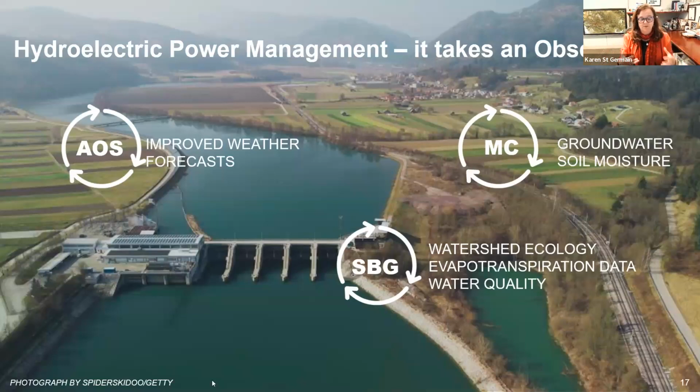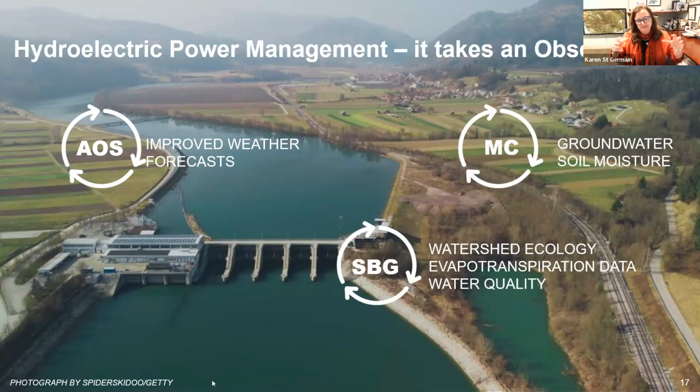Well, we want to make sure that our models capture the water cycle to the fullest extent possible. You need more accurate weather forecasts and projections. So that's where the atmospheric observing system comes in. You also need to know groundwater levels, so you need data from the mass change instrument. And you need to know how much water is returning to the atmosphere, so you need evapotranspiration data from SBG.